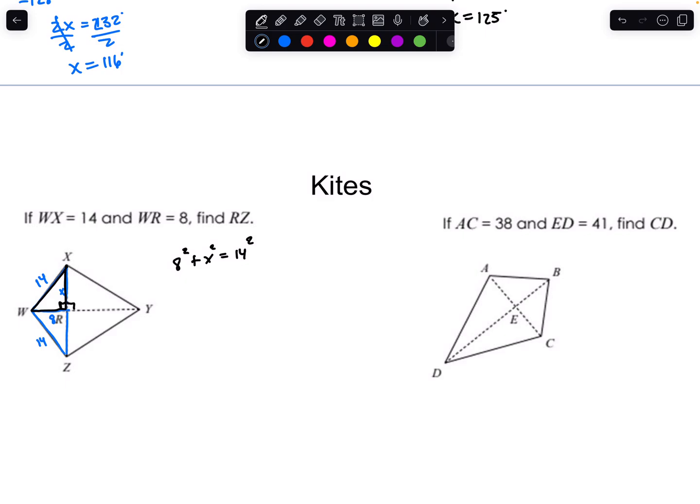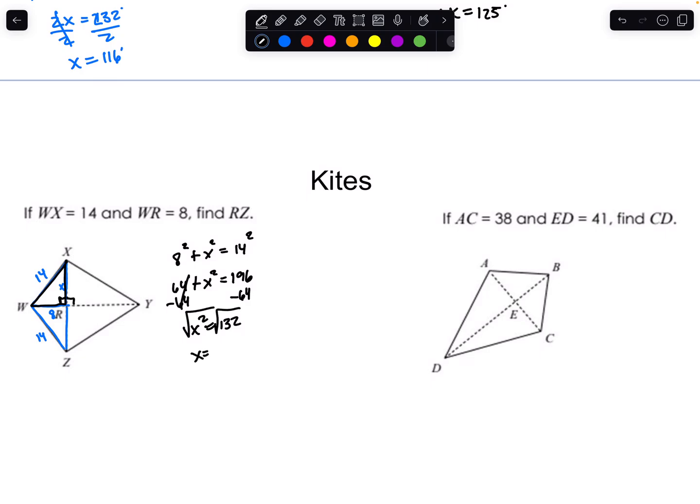And just as before, we can do a little basic math. 8 times 8 is 64, plus x squared should equal 14 times 14, which is 196. When I move the 64 over, x squared equals 196 minus 64, which is 132.